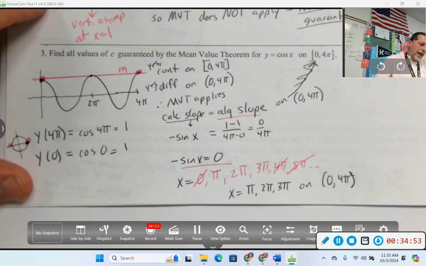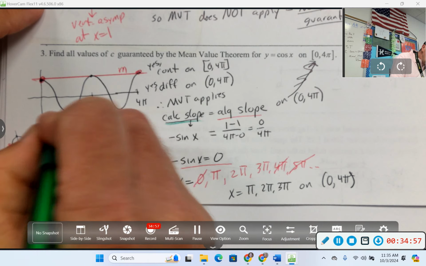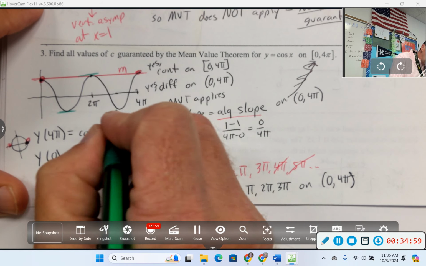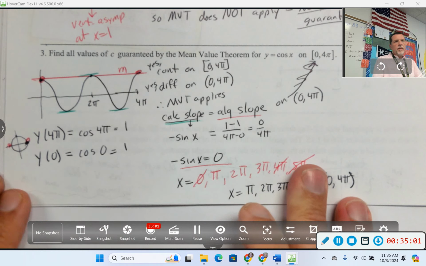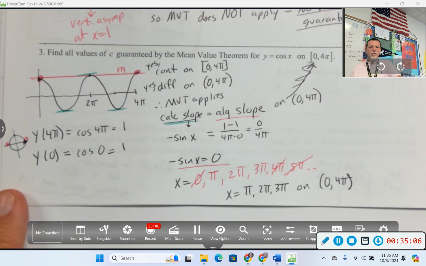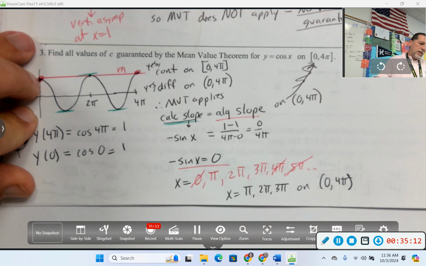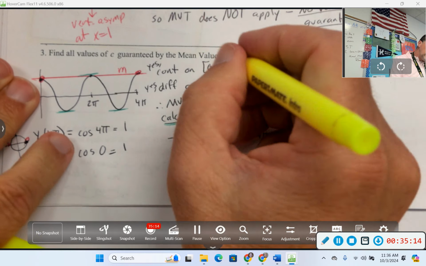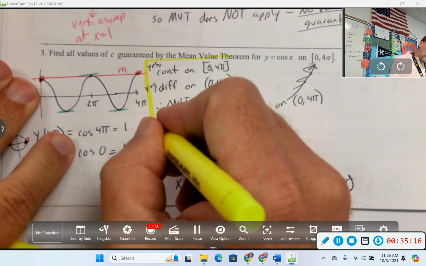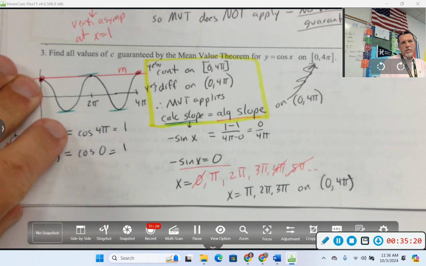And where the calculus slope is 0 is right there, and right there, and right there. I guess if I really knew the graph, I might have answered this question off the picture. If it's continuous, and if it's differentiable, then calculus slope equals algebra slope.